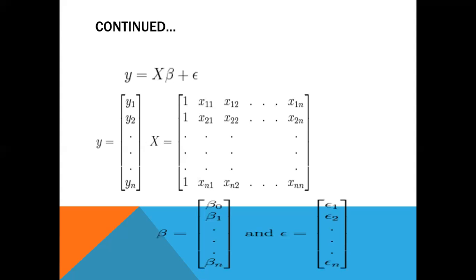Similarly, the beta value equals b0 b1 b2 b3 and so on till bn, and epsilon equals e1 e2 e3 e4 and so on till en. So just have a look at this slide.